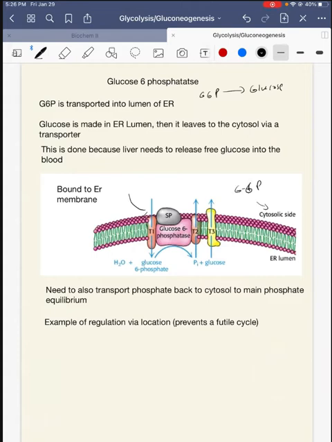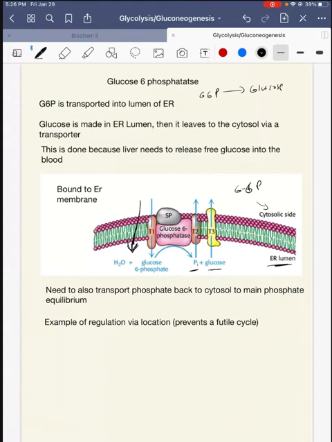G6P enters through this transporter, I think it's just called the T1 on this diagram. It enters through the T1 transporter, and it's converted inside the ER lumen back to glucose, and we also regenerate a phosphate. And then glucose ends up going back in the cytoplasm.